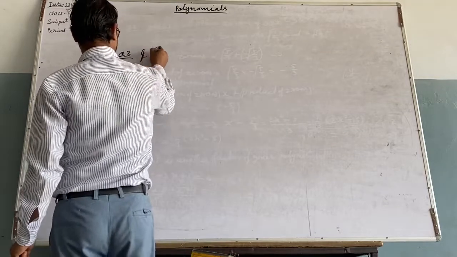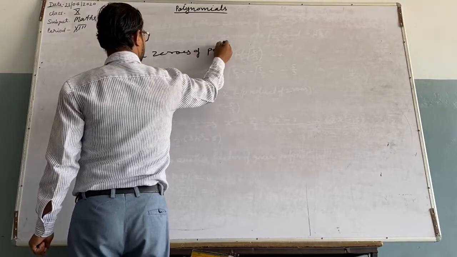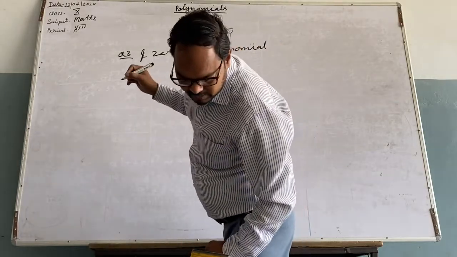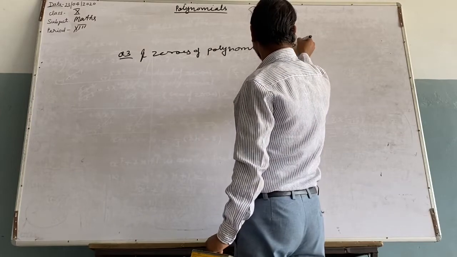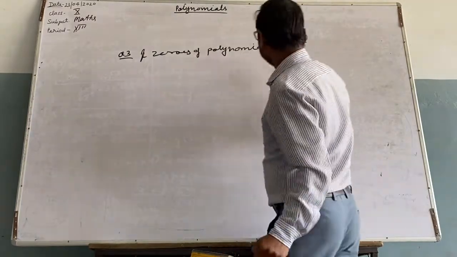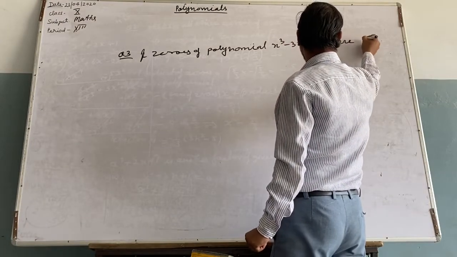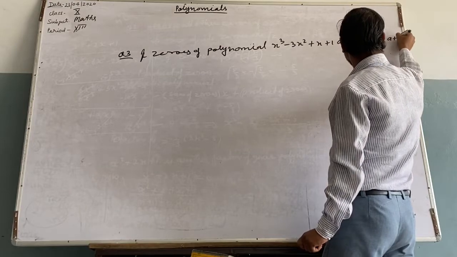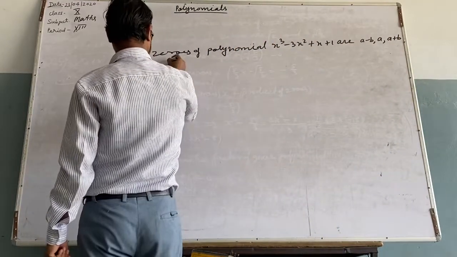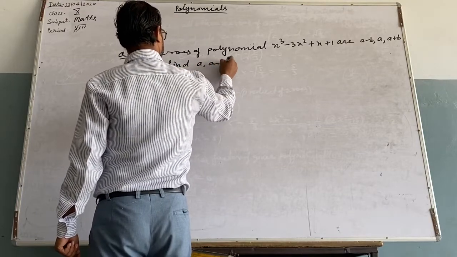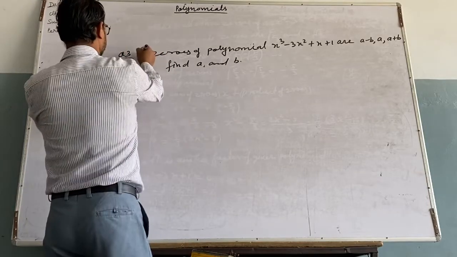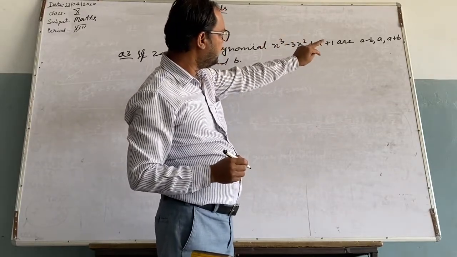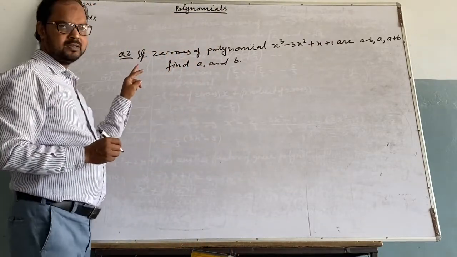If zeros of polynomial x cube minus 3x square plus x plus 1 are a minus b, a and a plus b, then find a and b. This is a cubic polynomial.